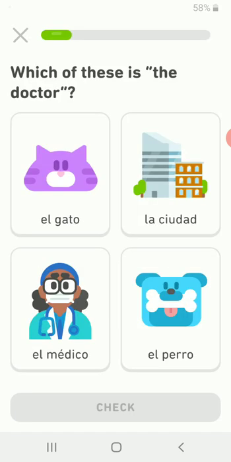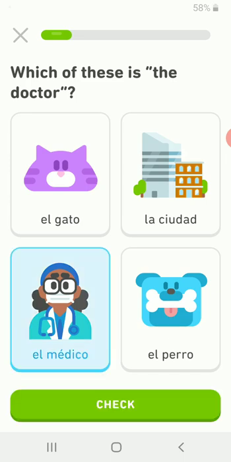So it is advised to write as many words of the lesson so that you better memorize the newly acquired vocabulary. Which of these is the doctor? El médico. El gato is a cat.